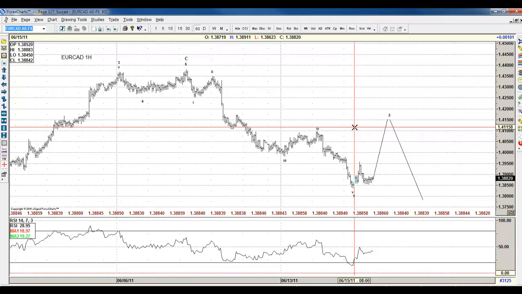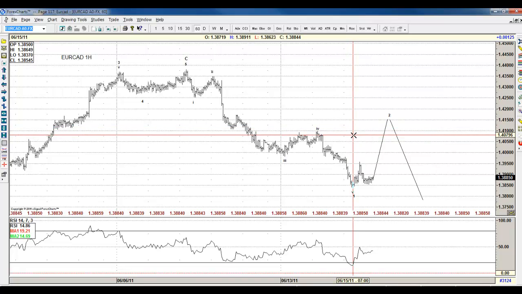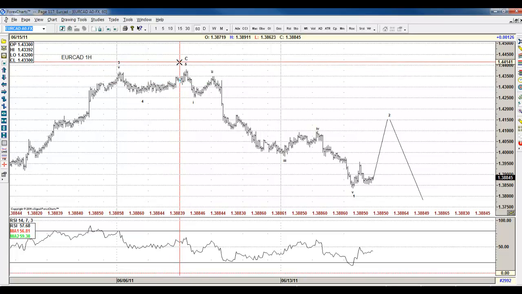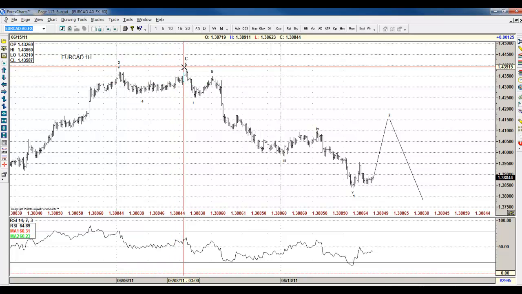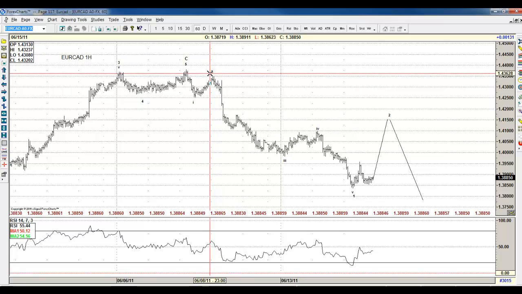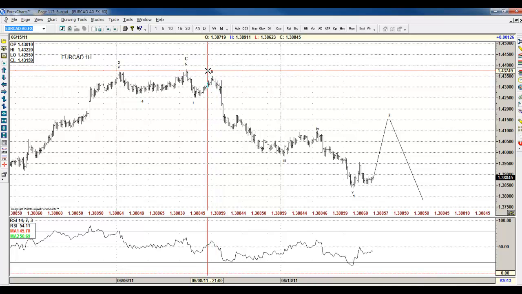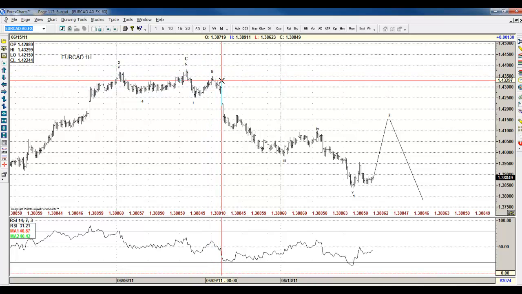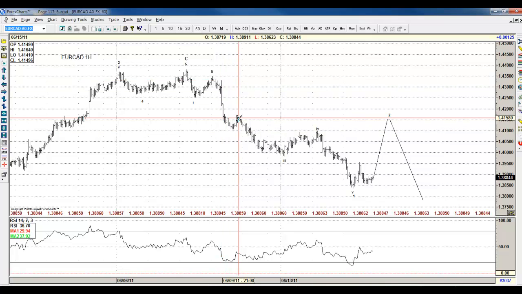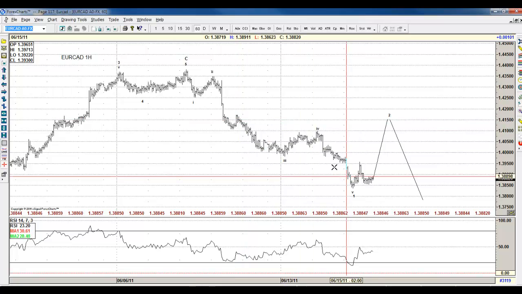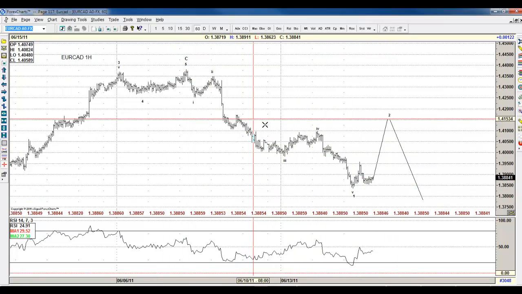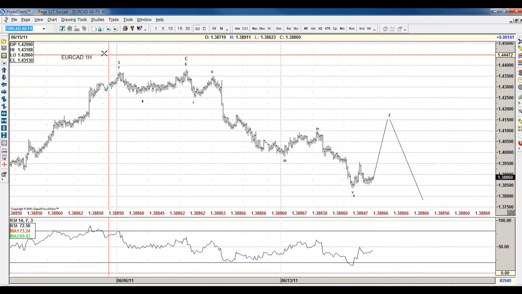It's like this is the third wave ending here. Now the issue is that this is wave 3, but the subdivisions of 3 are very iffy, because you see this correction here and you see this correction here. So the count is very iffy. We don't trust this count that much.